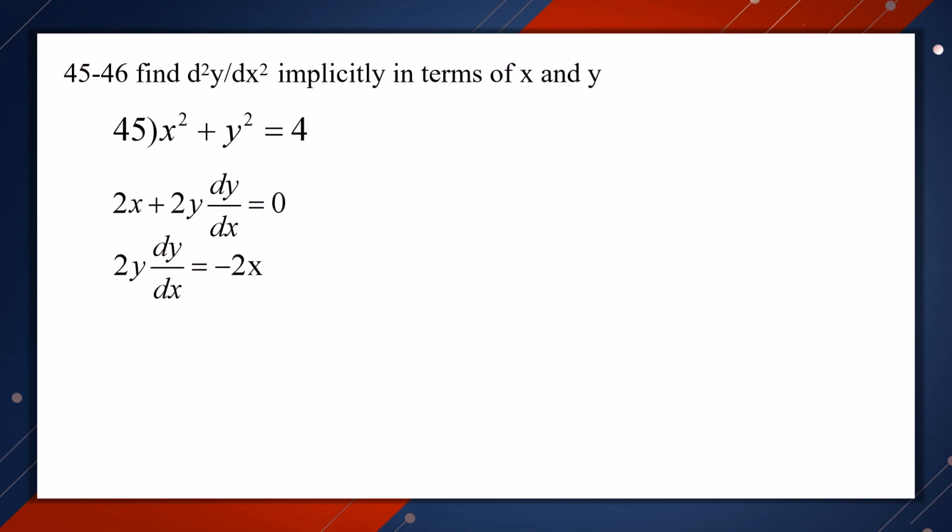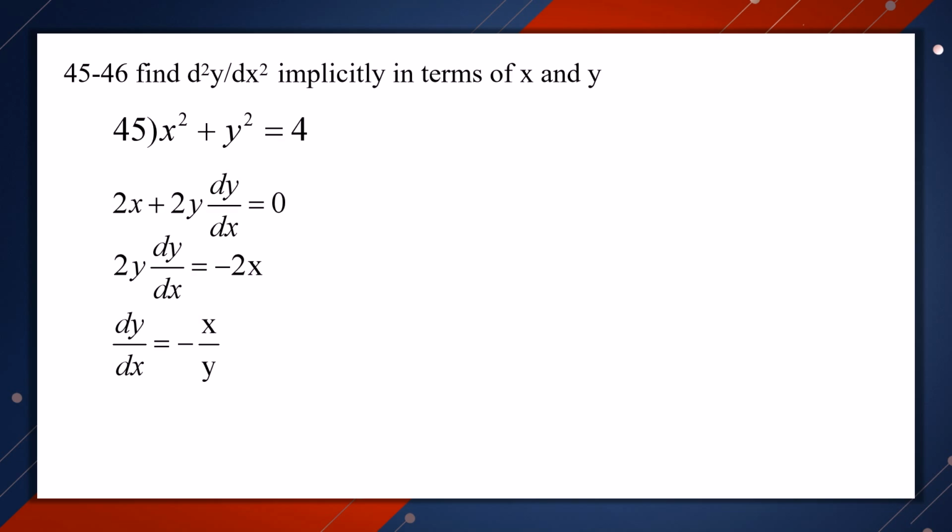And then we move 2x to the other side, and we will get 2y times dy over dx equal to negative 2x. And then we simplify it, and we will get the derivative of y equal to negative x over y.